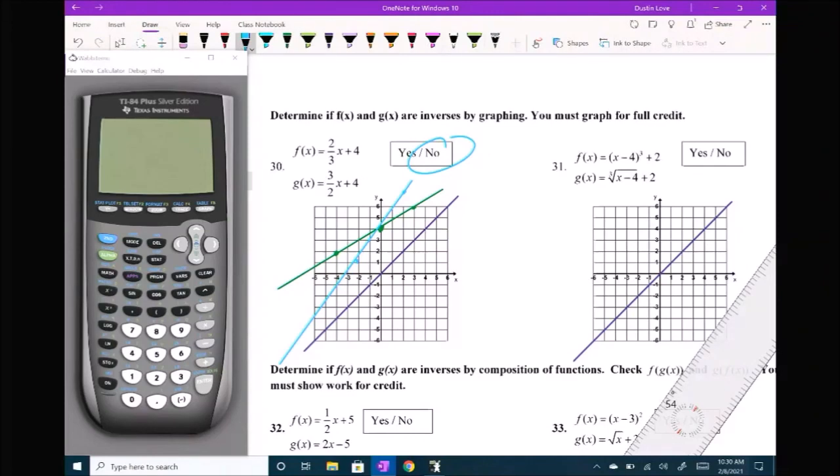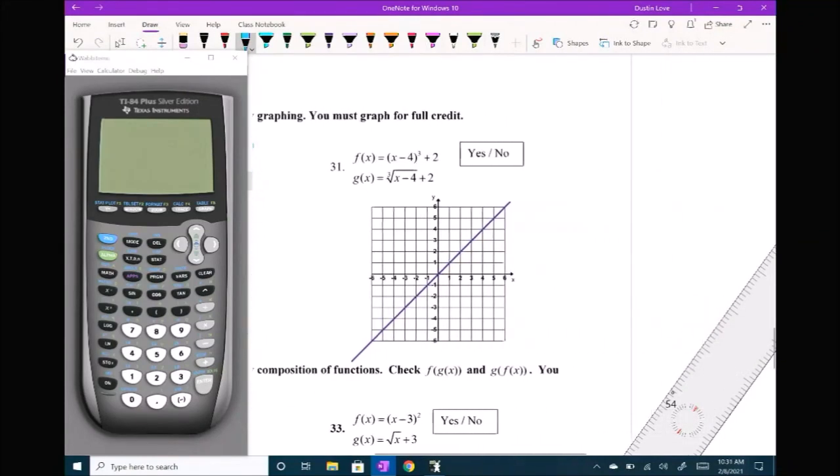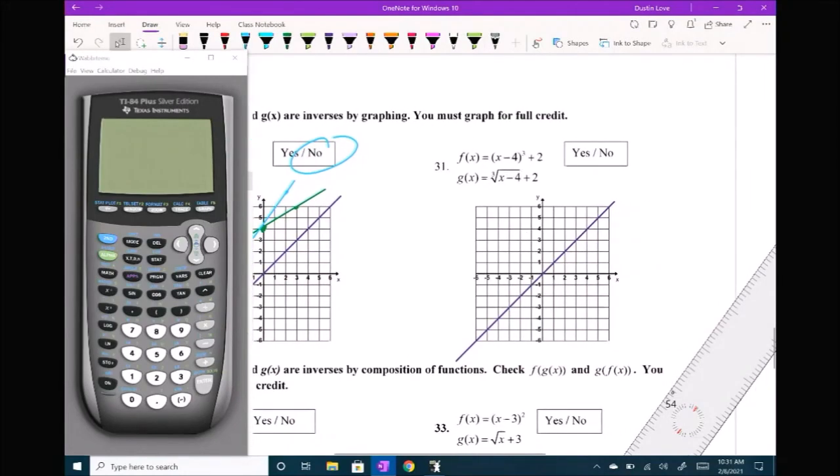All right, number 31. I hope at this point you can look at those two and tell it's not going to be inverses, in particular because my 2's are on the outside of everything. But anyway, we'll graph it just to be sure. So that is up 2 and right 4. 1, 2, 1, 2, 3, 4. And that is a cubic, so over 1, up 1, and then over 2, down 1, 2, 3, 4, 5, 6, 7, 8.